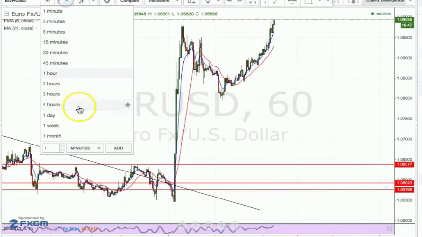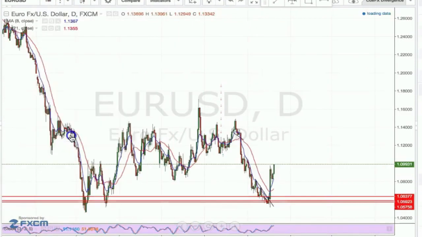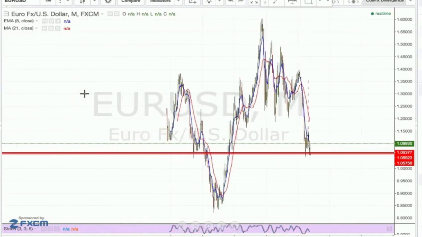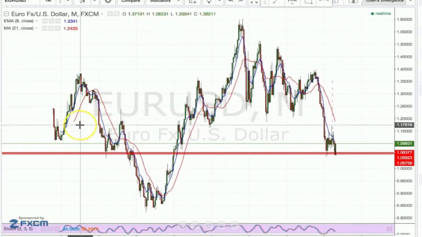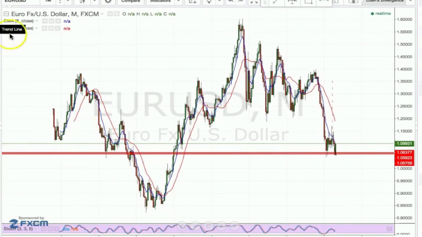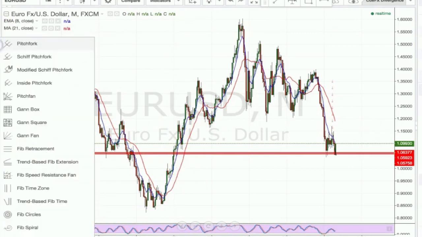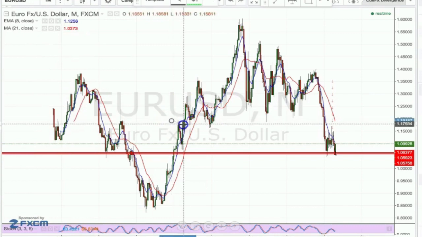The next thing to identify is the difference between a bullish market, which is an uptrend, and a bearish market, which is a downtrend. In a bullish market, you will see a lot of these right here: higher highs.